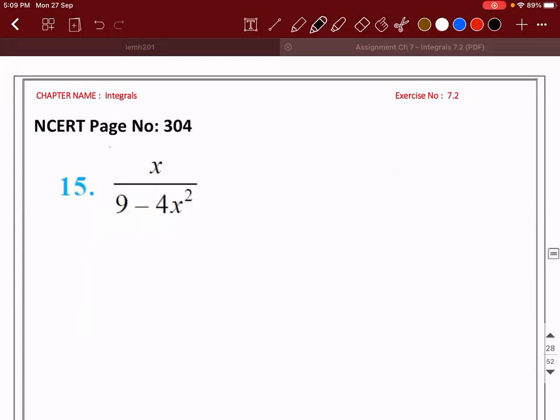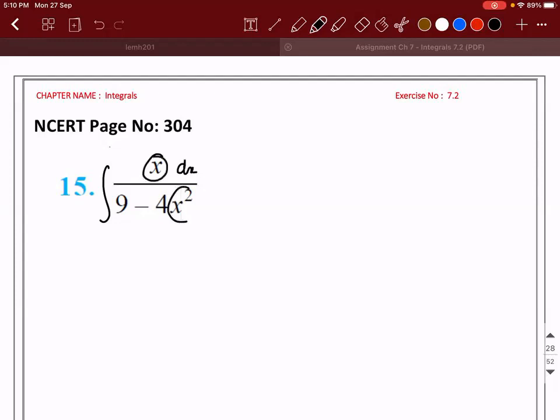Yes, sir. So integral of x divided by 9 minus 4x square. See, whenever you have a rational function, polynomial divided by polynomial, always look at the numerator and denominator. If the power of the numerator is less than the denominator by a factor of 1, then by substituting the denominator as t, you will get back the numerator. So what are we supposed to do?